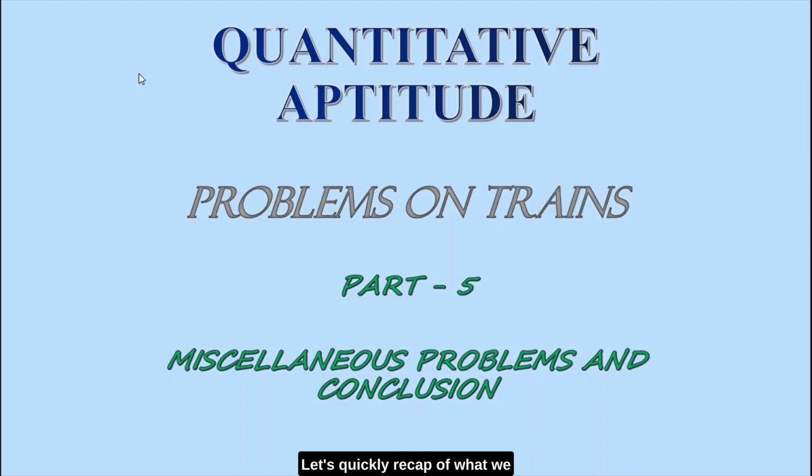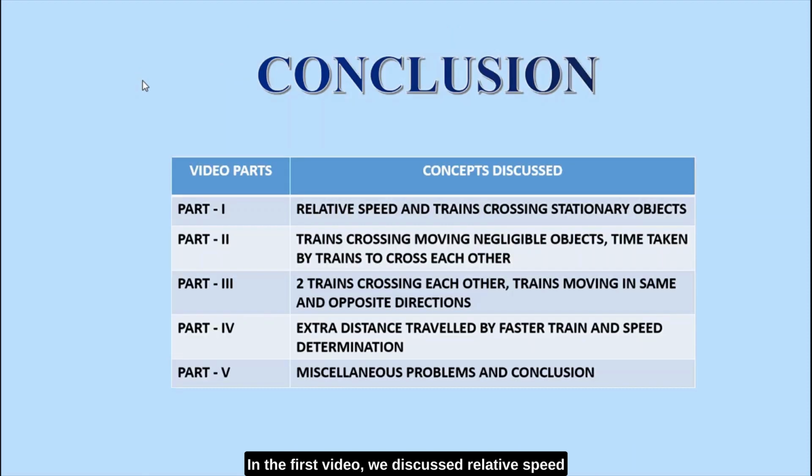Let's quickly recap what we have learned across the 5 parts. In the first video, we discussed relative speed and how time, distance and speed get related to each other when trains cross stationary objects. In the second video, we dealt with trains crossing moving negligible objects and each other. We solved problems determining either the time, distance traveled or the speed.